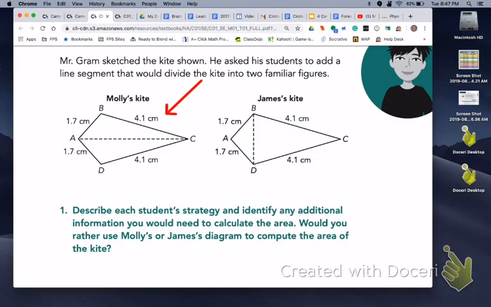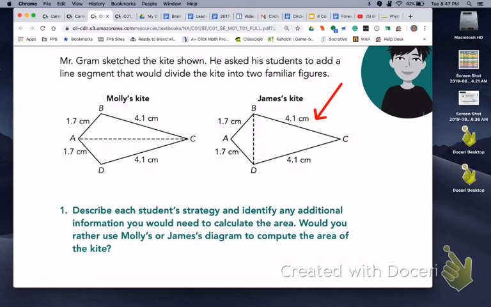For number 1, to use Molly's strategy, you would need to know the length of the base AC and the distance from point B to point D, or the distance from point B to line segment AC.